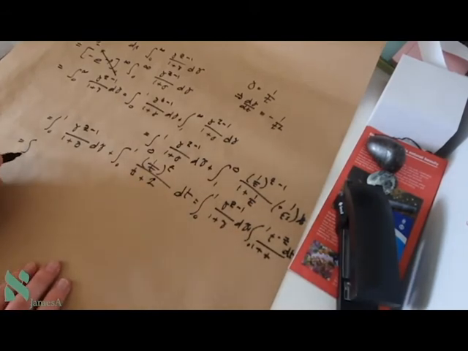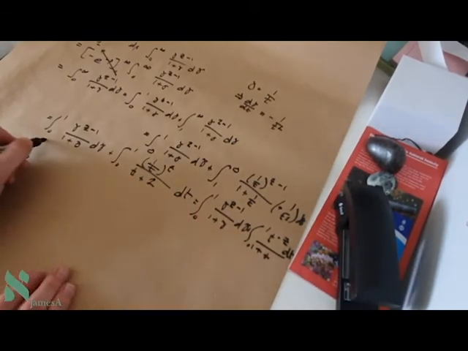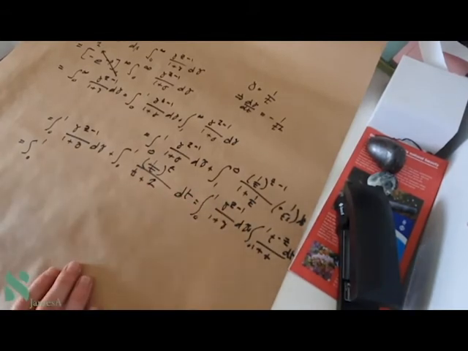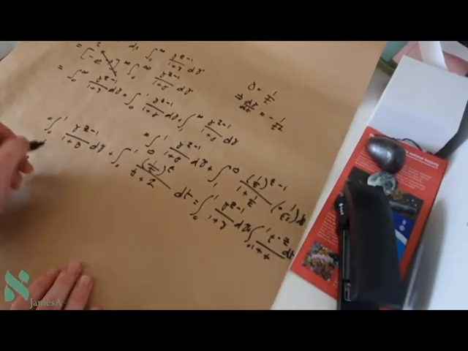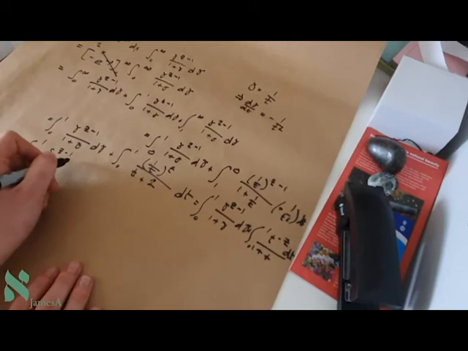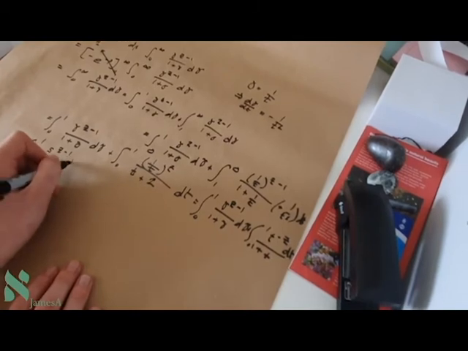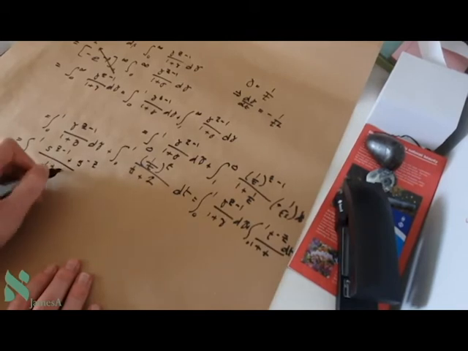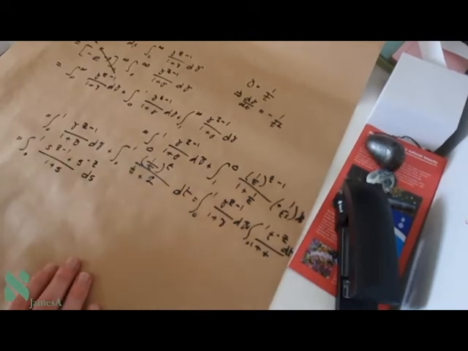And now going back over here, because they've got the same limits, we can let these integrals be the same thing. We'll just change the variable, because the variable doesn't matter, to s. So that's s to the z minus 1 plus s to the negative z all over 1 plus s ds.